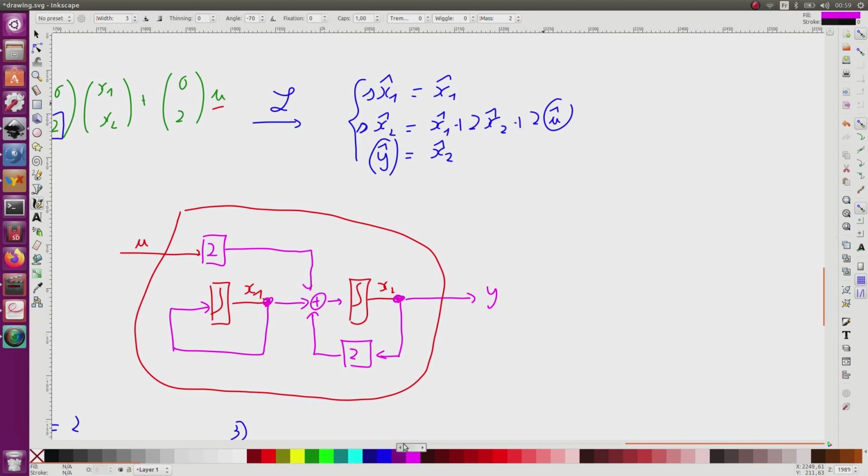So from the first equation, I see that x hat 1 is equal to 0. So here it simplifies, and this implies that y hat equals x hat 2, and s x hat 2 is equal to x hat 2 plus 2 u hat.